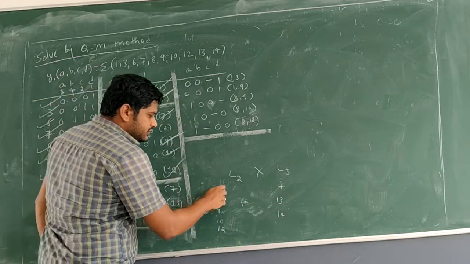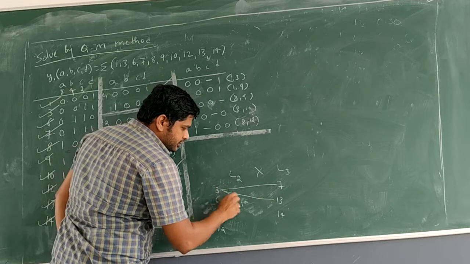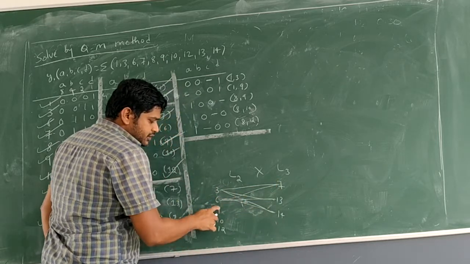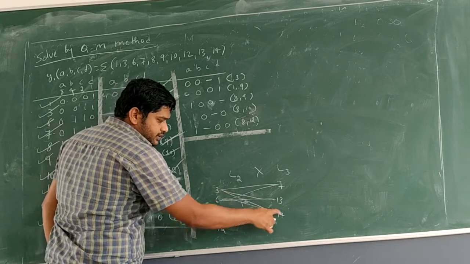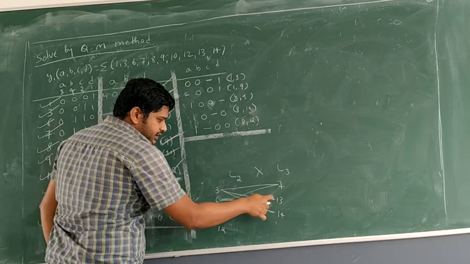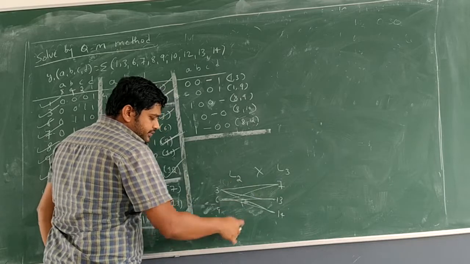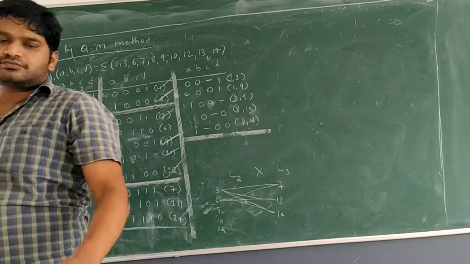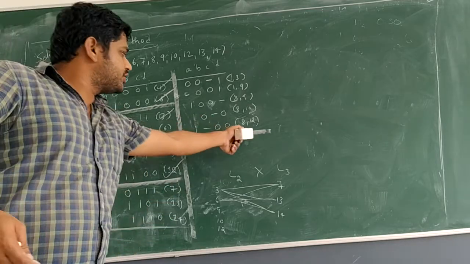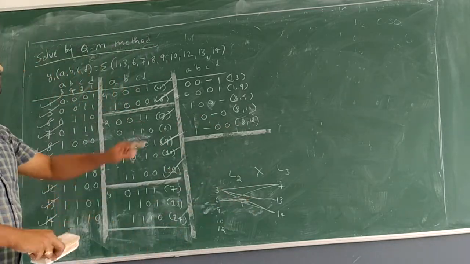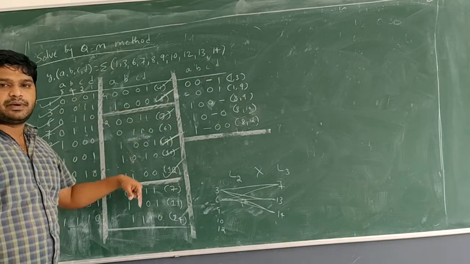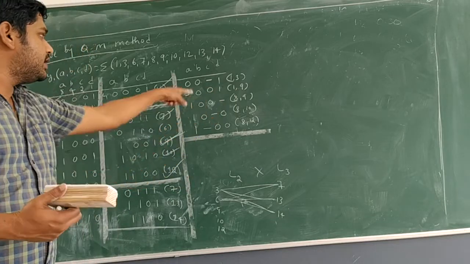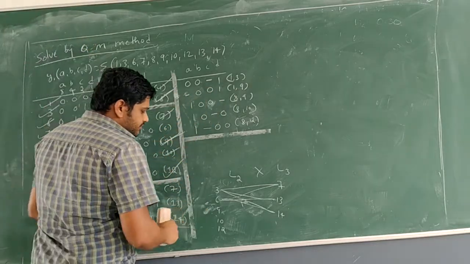Now 3 7, 3 13, 3 14. 6 7, 6 13, 6 14. 9 7, 9 13, 9 14. 10 7, 10 13, 10 14. 12 7, 12 13, 12 14. We have to check, but not necessarily all should get an entry here. See, like the previous, we had many comparisons, but we have only 5 entries in the next step. Let's see.